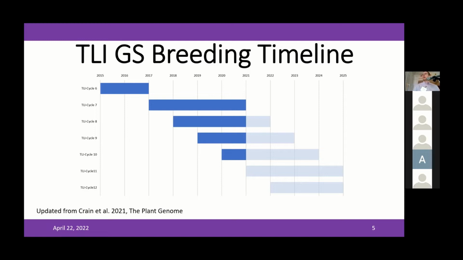But at the same time, with a perennial plant, instead of evaluating for just 1 or 2 years, we've been able to maintain that evaluation out in cycle 7 up to 4 years. Last year was the last year of data collection. With cycle 8, we'll have another year. Even though we're evaluating these cycles for multiple years, we're able to cross that data.